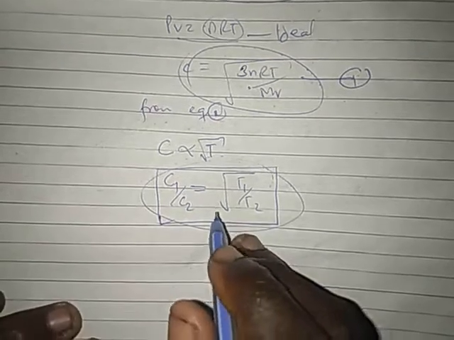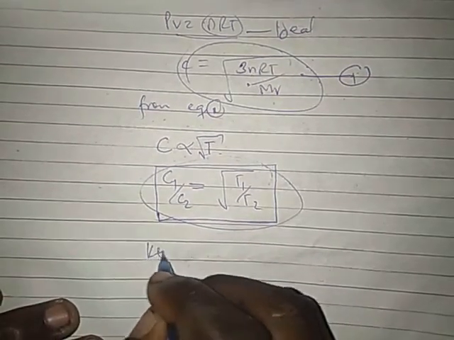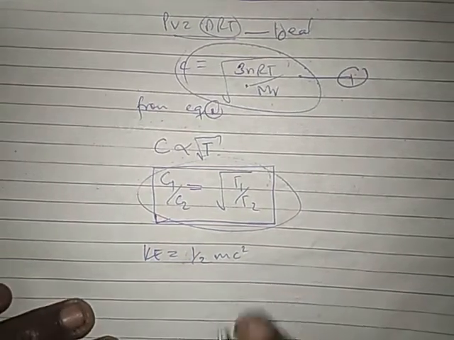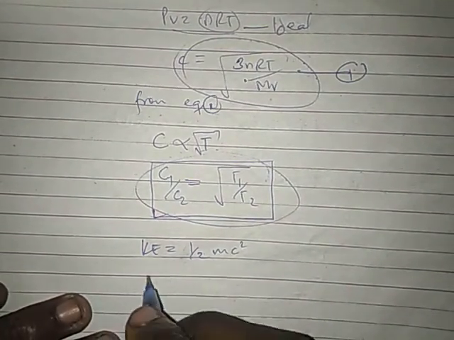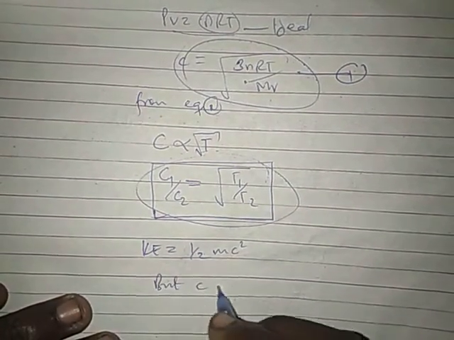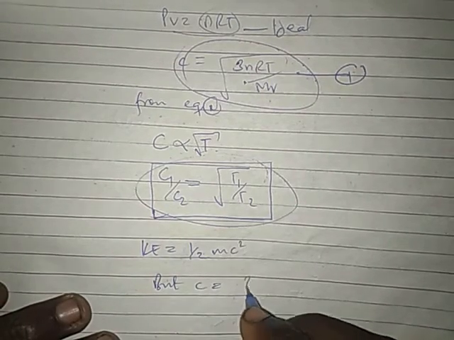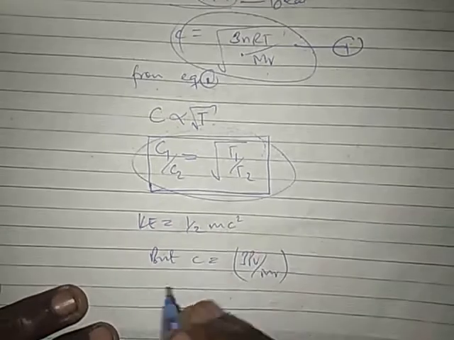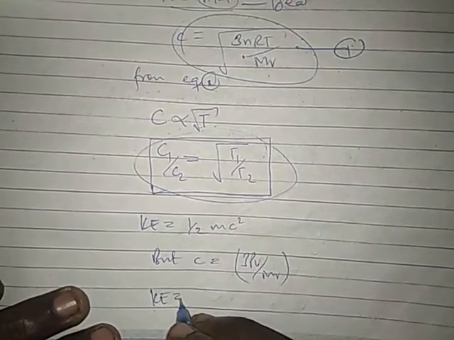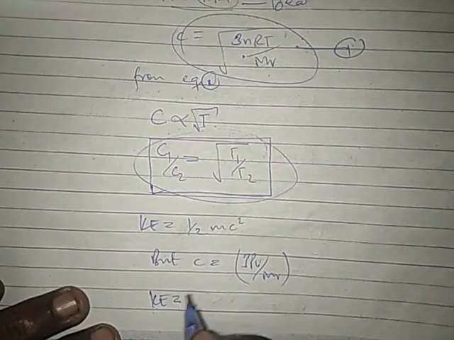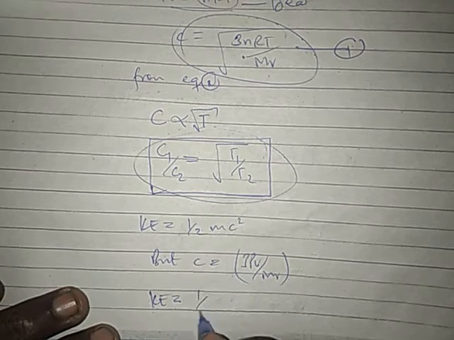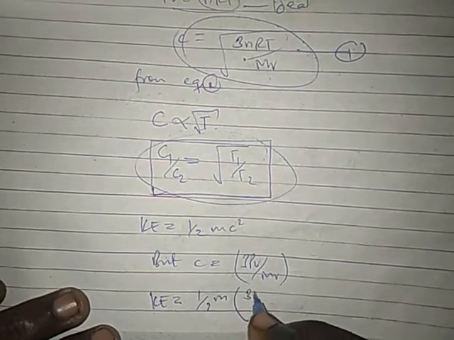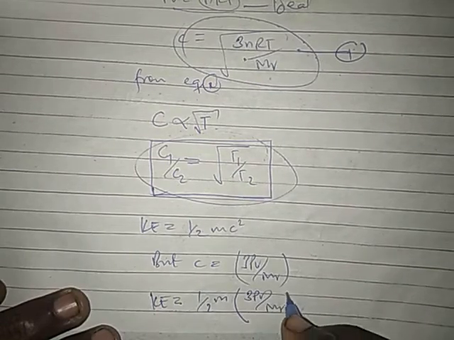I gave this just to show how the root mean square speed varies with temperature. As you know, the kinetic energy of the gas is equal to half mc square for a single molecule. But C is equal to what? 3 PV divided by molar mass. So kinetic energy is half m then 3 PV divided by molar mass.